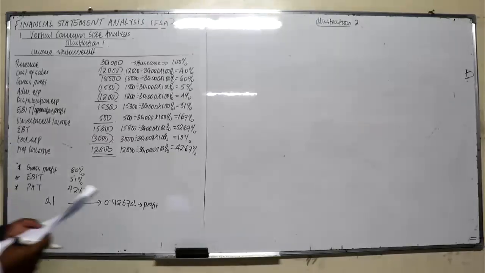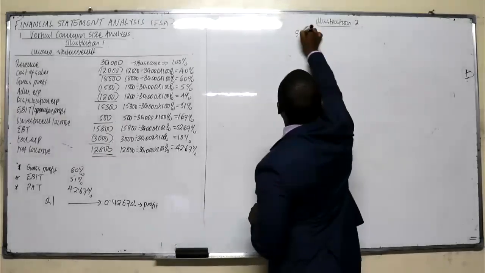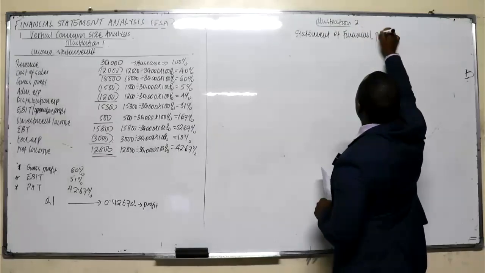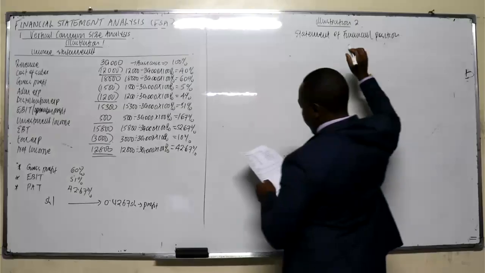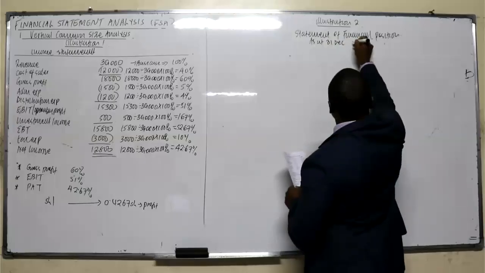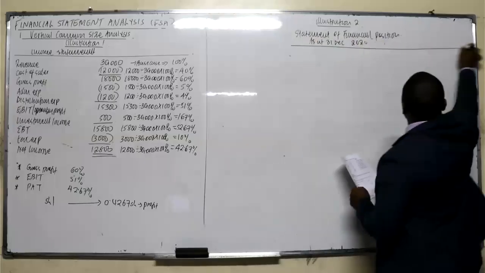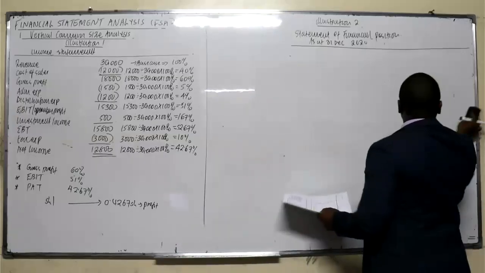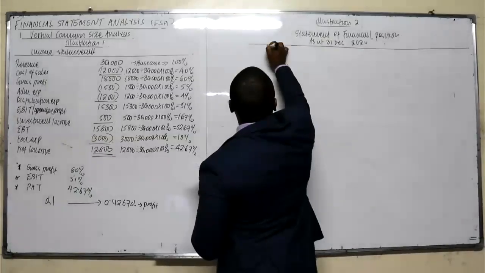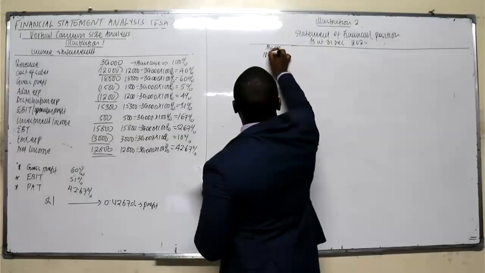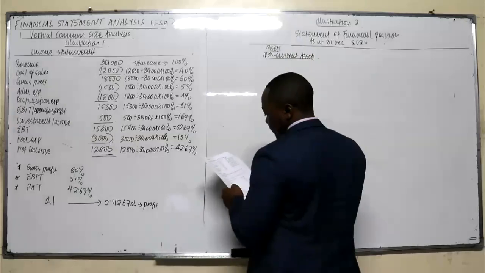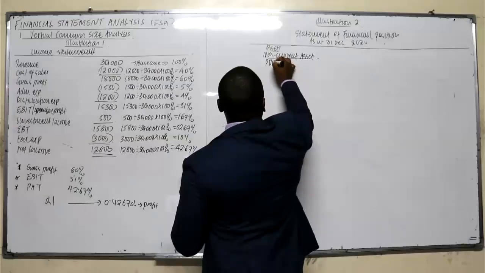Vertical common size balance sheet. So how do we prepare that? So we have the statement of financial position. We have PPE.